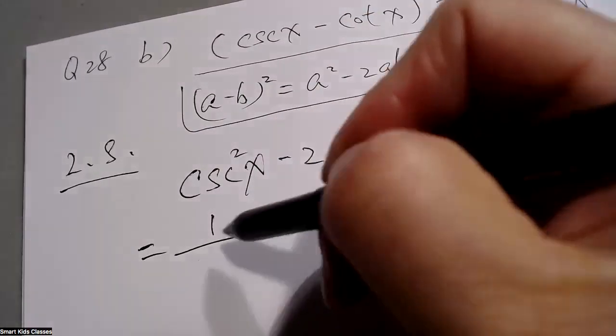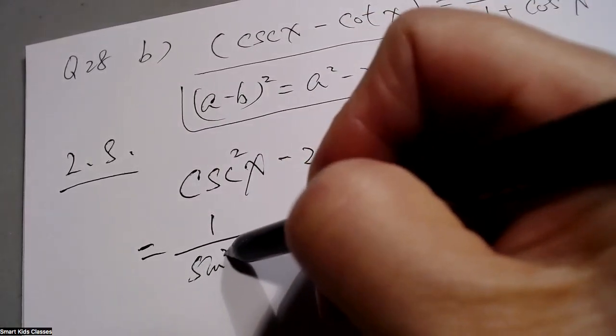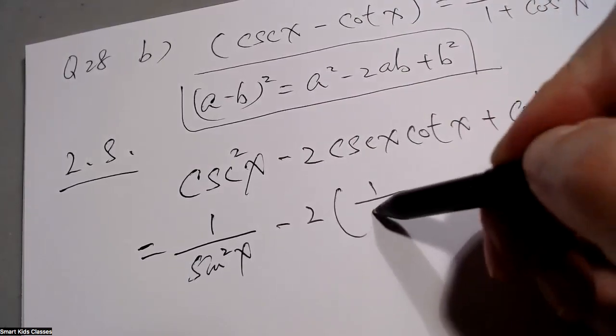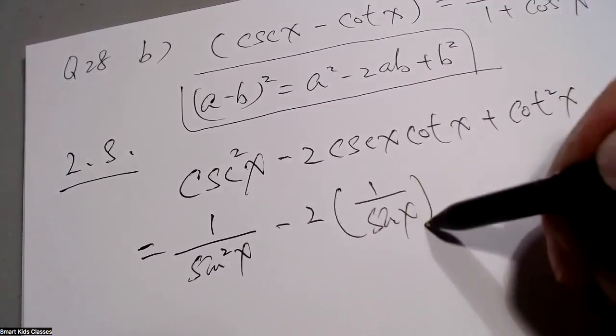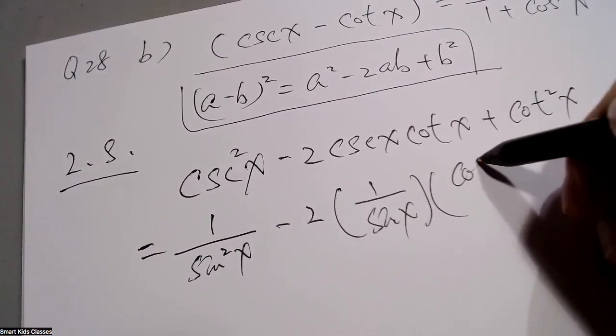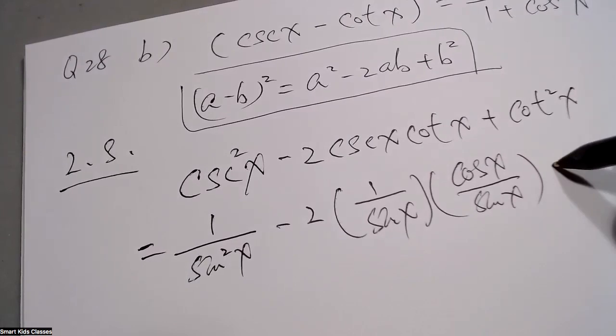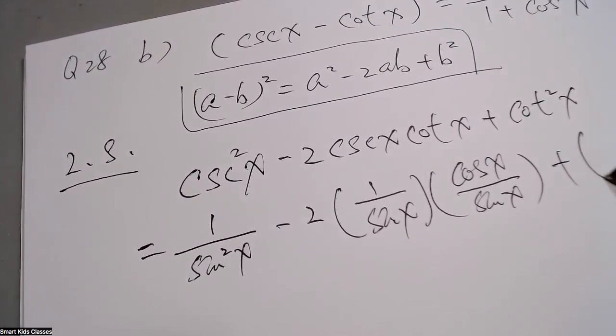So I have 1 over sine squared x minus 2 times 1 over sine x times cosine x over sine x plus cosine squared x over sine squared x.